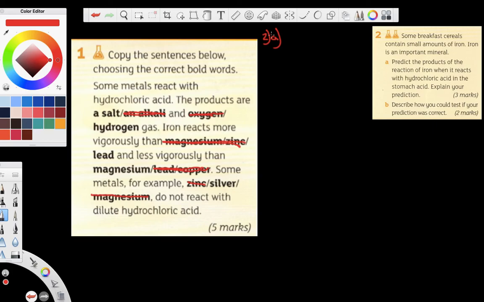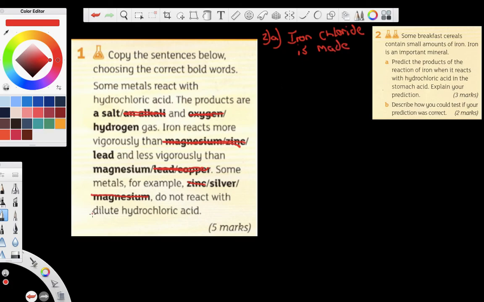Explain your answer. So we could write a word equation for this, couldn't we? And we could say that iron is our metal, hydrochloric acid is our acid. So we can say iron chloride is made.